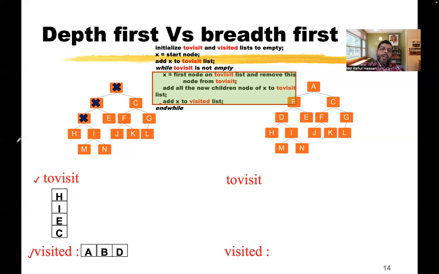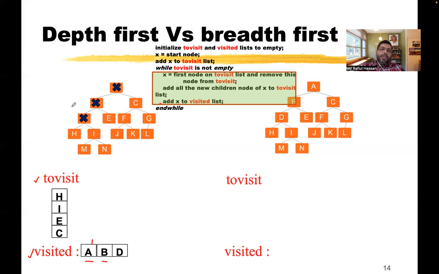You can see H, I. So we'll keep continuing like this, and you can see that the visited list follows the depth first. First we have visited A, then we have visited B, then we have visited D. As you can see, the visited list shows the depth first traversal of the algorithm.